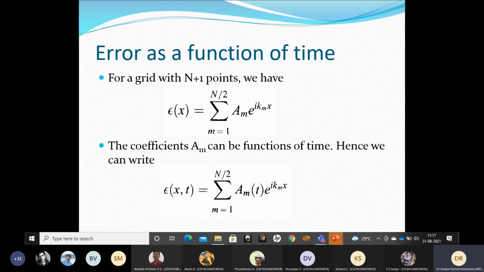We are not looking at adaptive grid now, looking at simple fixed grid for 1D. So if the grid is fixed, then Km is not going to change with time, but the amplitude can change with time. What matters for us is the amplitude. Amplitude should reduce with time.